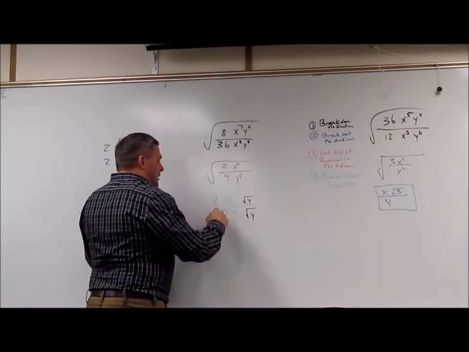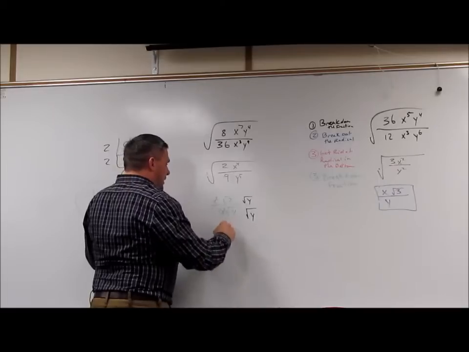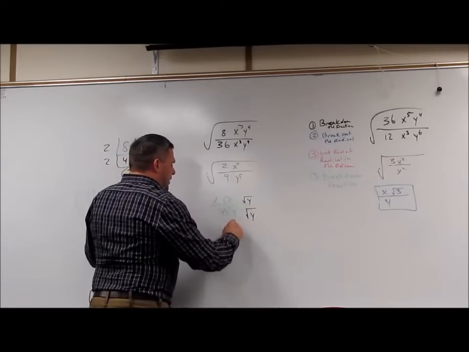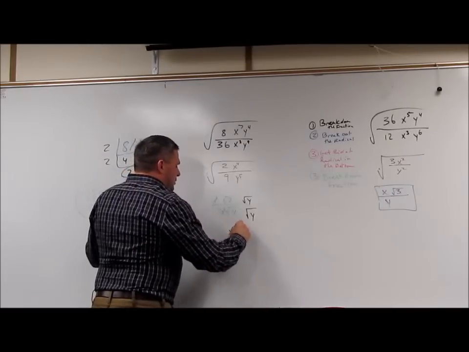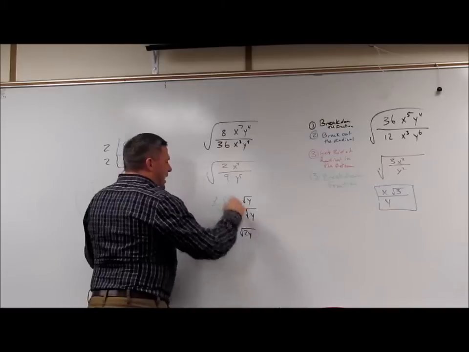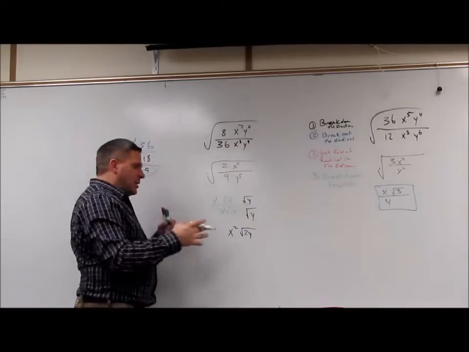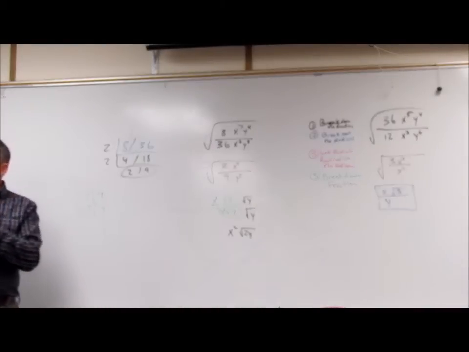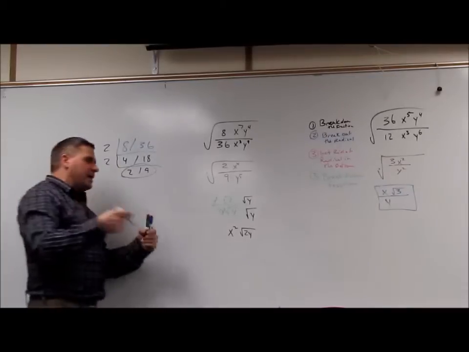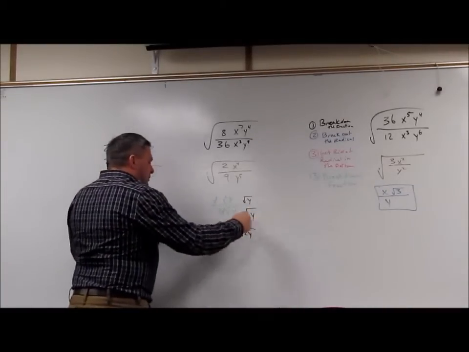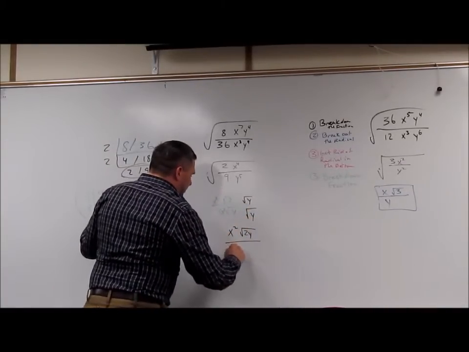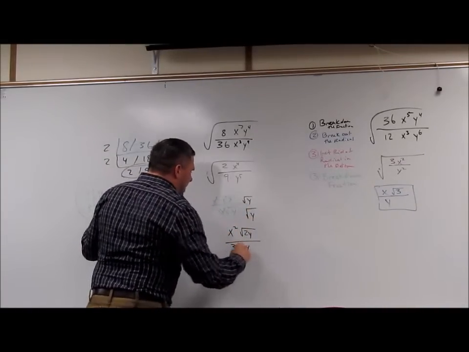And in this case, I'm going to get x squared times the square root of 2y. And then what is the square root of y times the square root of y? It brings out another y, right? So now I have 3y squared y.